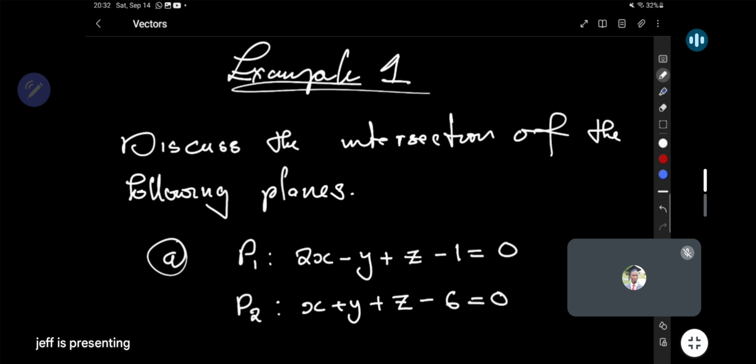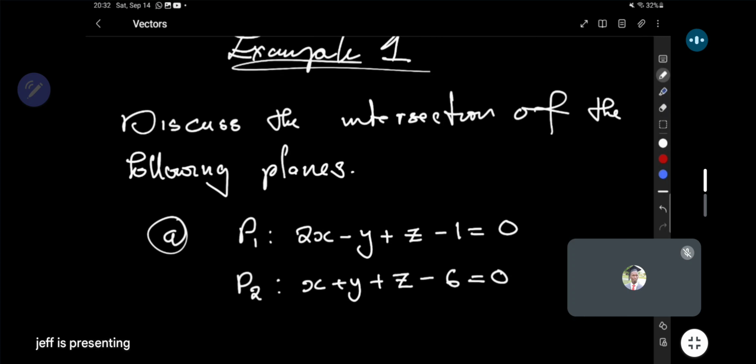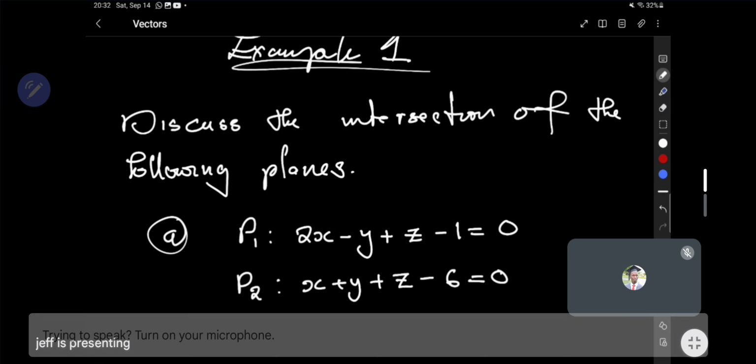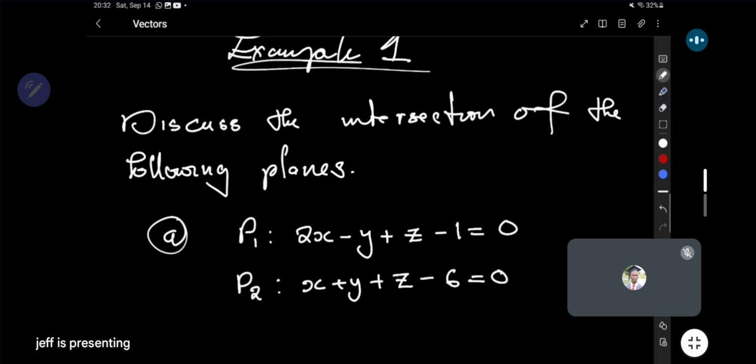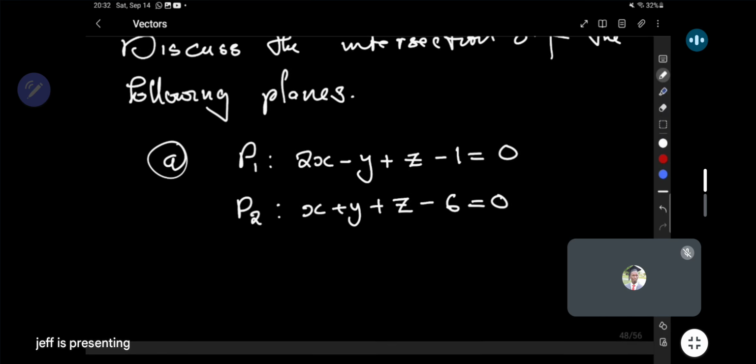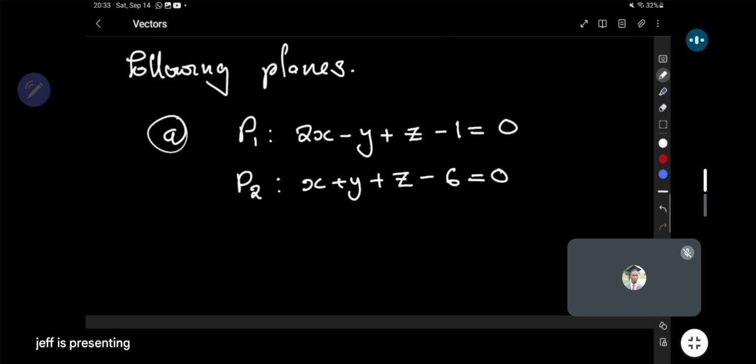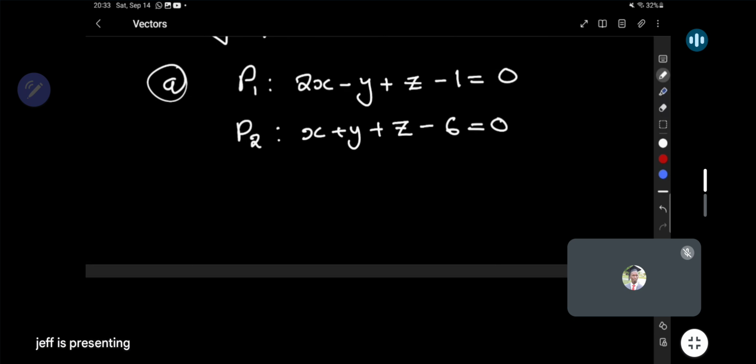Okay, so for our first example, we want to discuss the intersection of these two planes. So how do we do it? Well, the first thing that we want to do here is to extract the normal from these planes. So let's get the normal from plane 1.